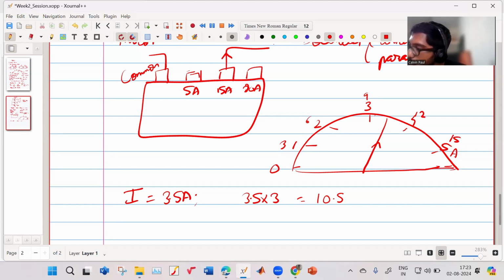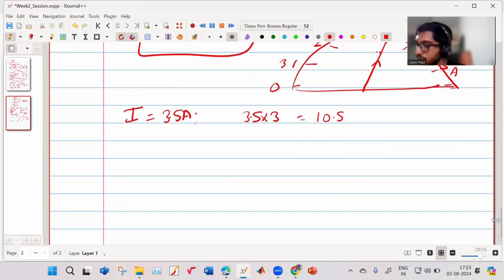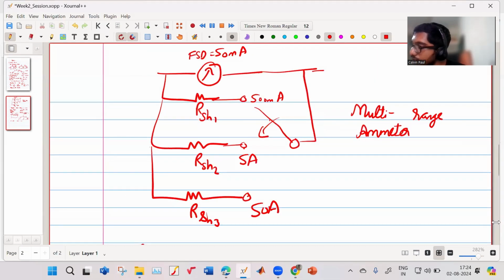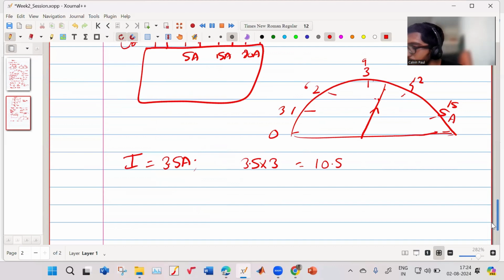So you will know that if it is showing at this point and I have connected in the 15 ampere rating, it is actually pointing to 10.5 ampere. If I've connected it in the 5 ampere socket, then it is actually showing 3.5 ampere. So depending on which terminal you connect, you will know the range of your ammeter. Similarly, it can be for your voltmeter also. So these ammeter and voltmeter are the very standard measuring instruments which you will use.